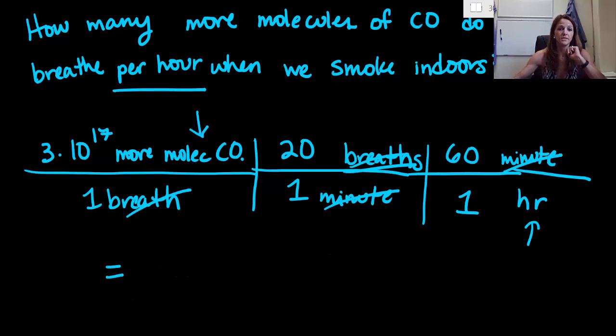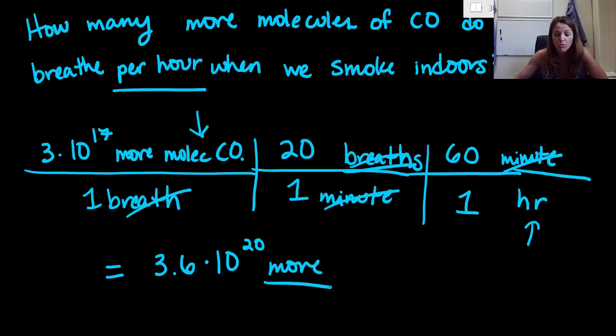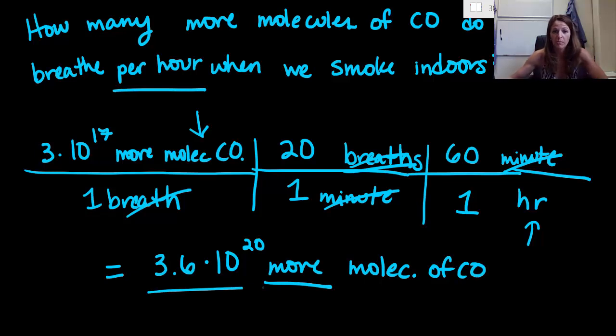So we do 3 times 10 to the 17th times 20 times 60 divided by 1, divided by 1, divided by 1. Pretty simple, right? So when we calculate this all out, we see that we have 3.6 times 10 to the 20th more molecules. It's not even all the molecules of CO that are inhaled per hour.